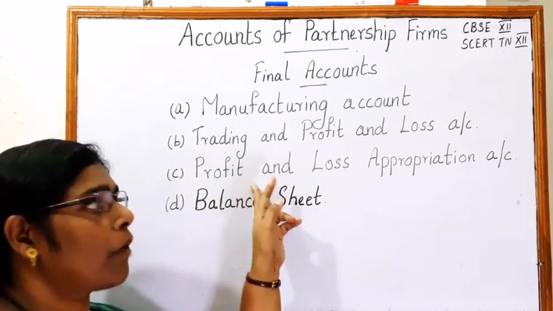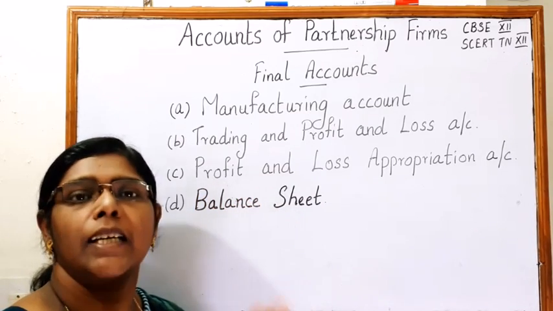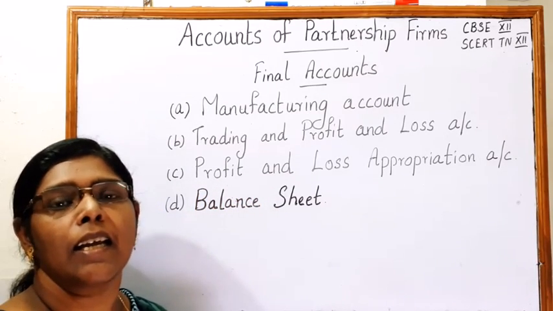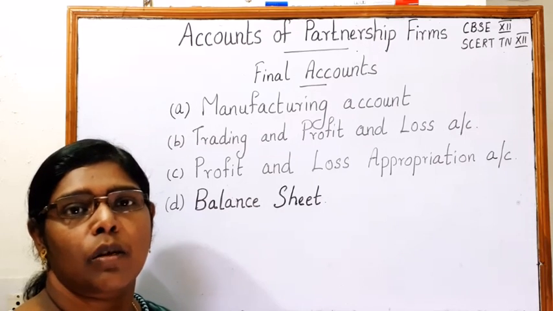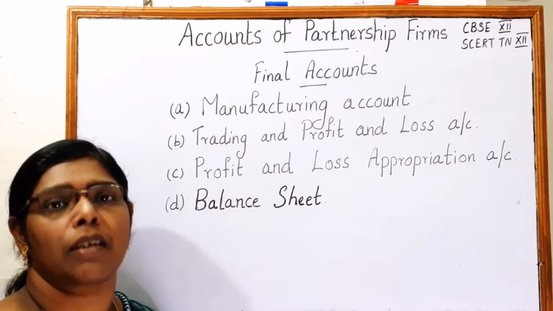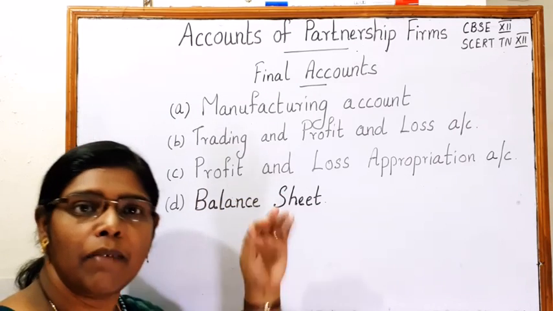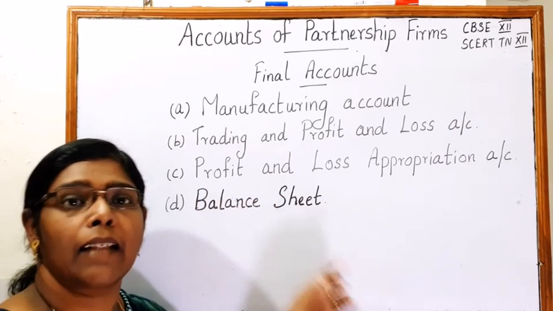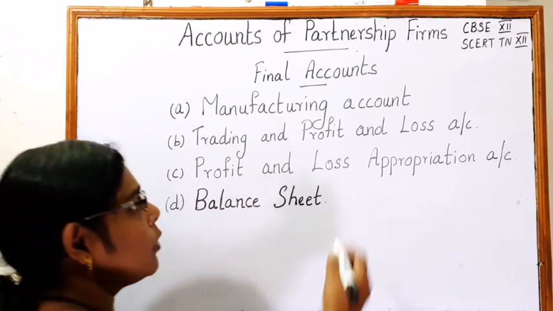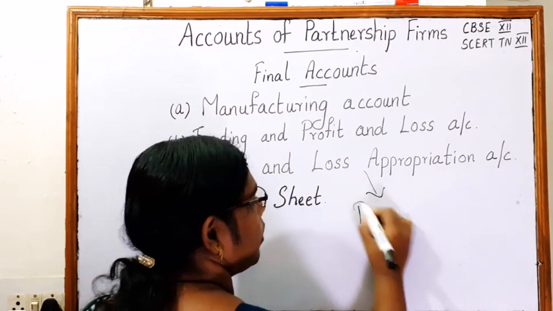Here, certain adjustments are made regarding interest on capital, interest on drawings, commission, remuneration, etc. After doing those adjustments, we come to the profit or loss, and that is then transferred to the partners' capital accounts.